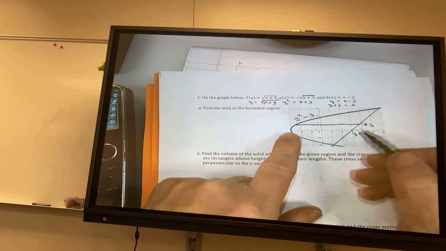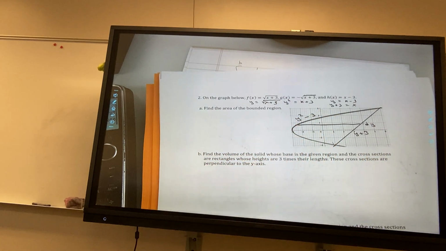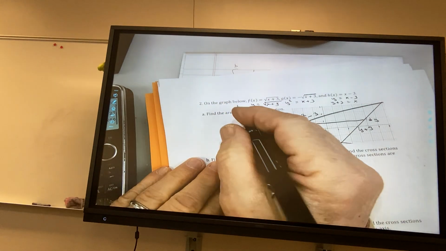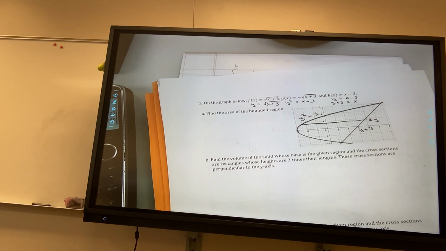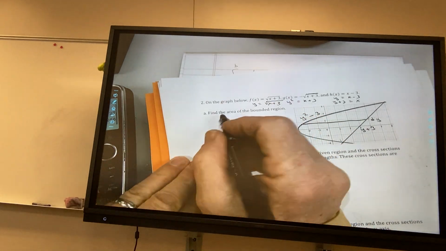Well, the idea is all the ones on the right are bigger than all the ones on the left. And so I rewrote this, and I come up with an integral that looks like this.